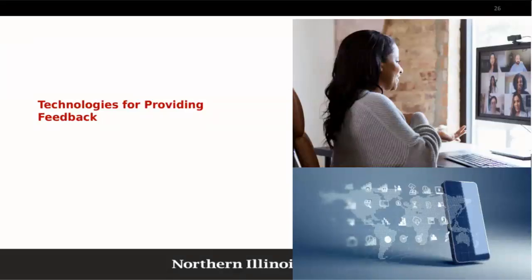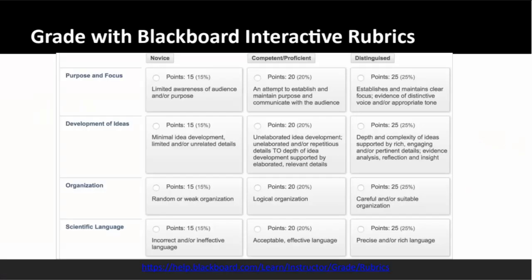There are different technologies that you can use for giving feedback. And a couple of us have talked about how we use rubrics in Blackboard. What has your experience been using rubrics in Blackboard as far as using them for your teaching?